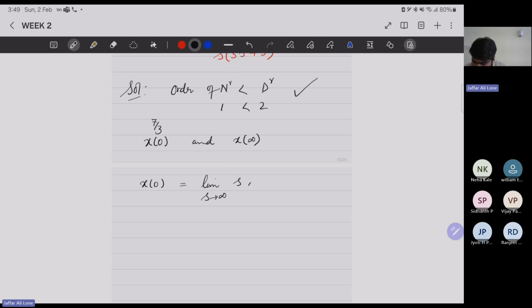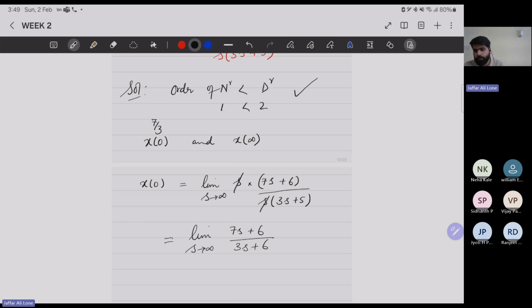And what's Xs? Xs is 7s plus 6 divided by s into 3s plus 5. Correct? So this s and this s will go. We'll get limiting s tends to infinity, 7s plus 6 divided by 3s plus 5.